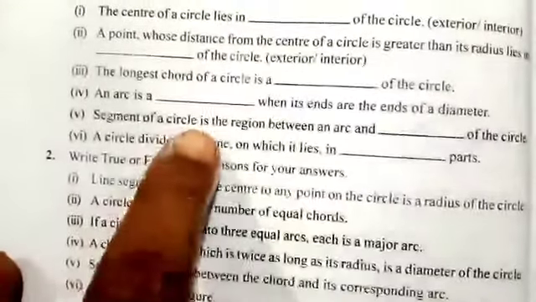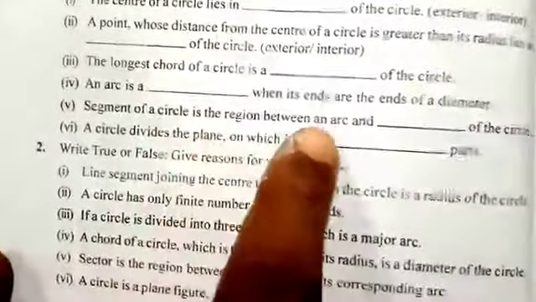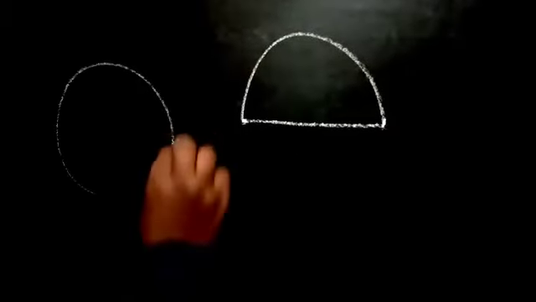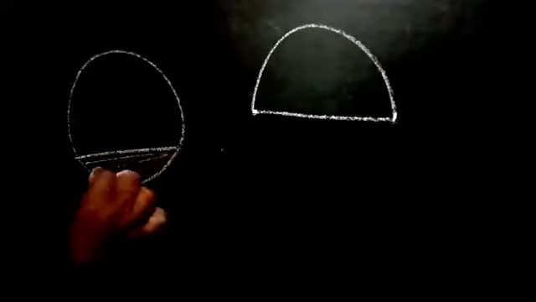Fifth one, a segment of a circle is the region between an arc and dash of the circle. It is the chord. Segment means from the arc to the chord. This is called a segment.